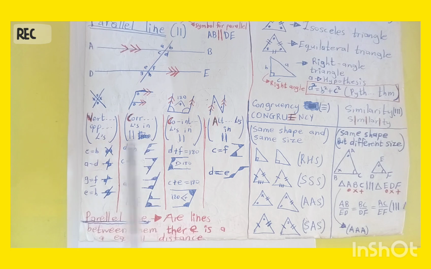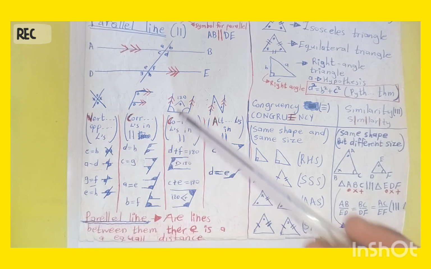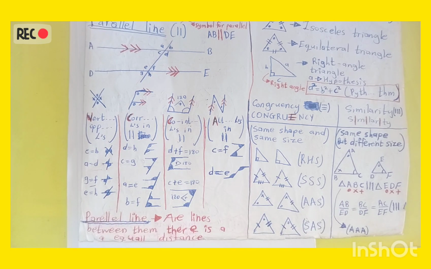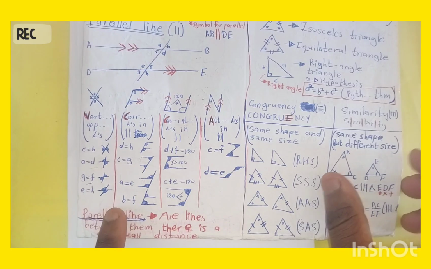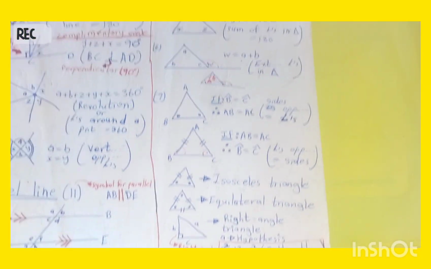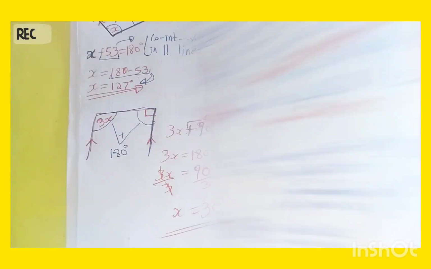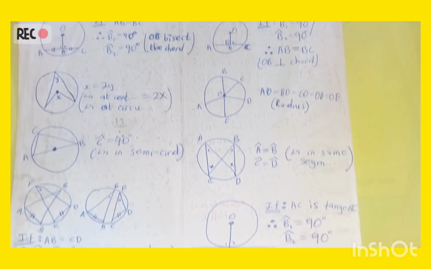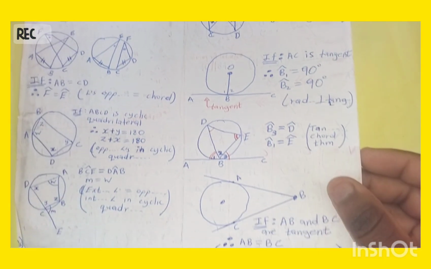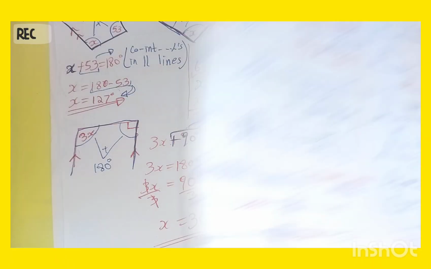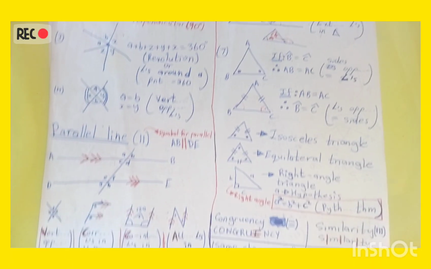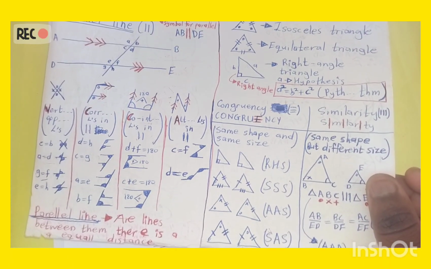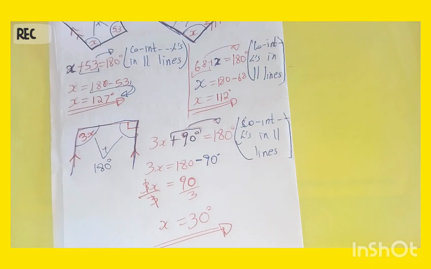These are what you call reasons. Once you know these reasons, we can go through them until grade 11. All of this is grade 11 upwards, but this one is just grade 10, 9, 8. But it's good for you to do a revision so that you won't get lost as we go on.